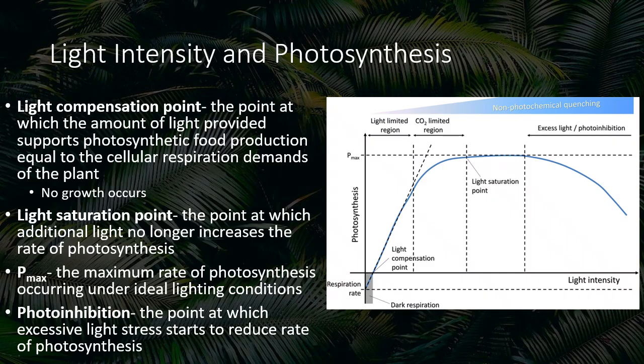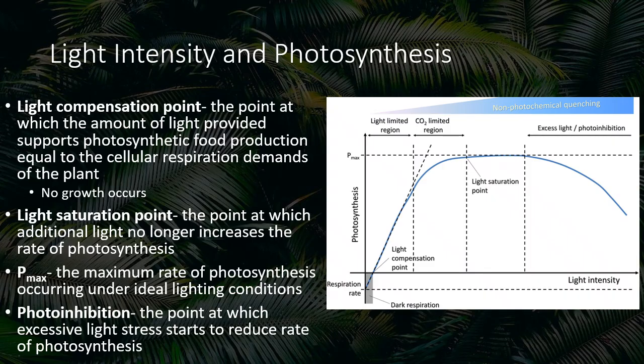And there's a certain point at which delivering more resources to a factory does not help the factory produce more product. The machinery is saturated, it's running as fast as it possibly can, and adding more light does not help the factory run any faster. So that's the light saturation point.